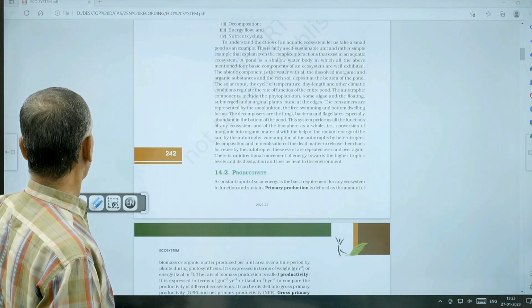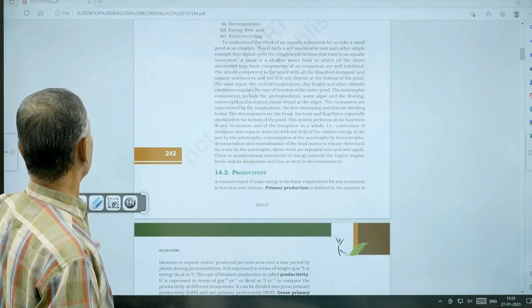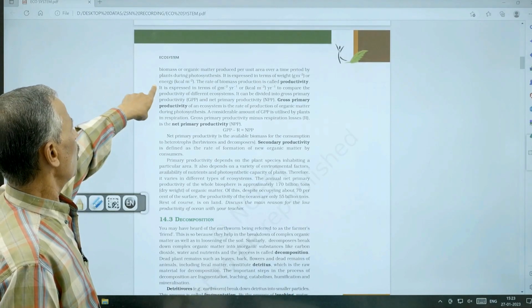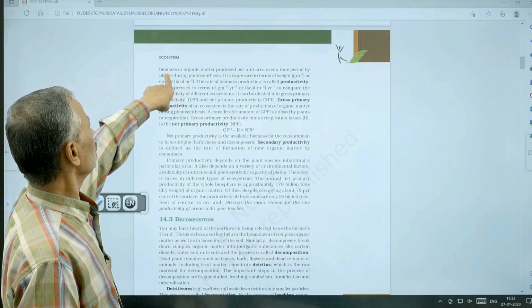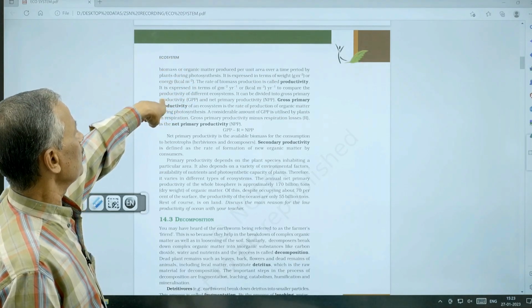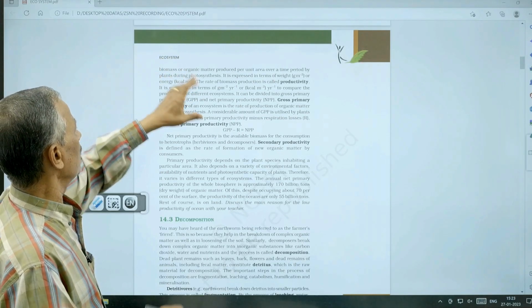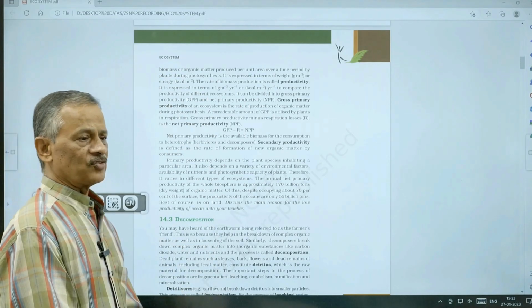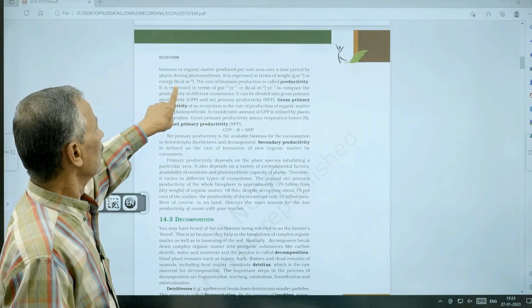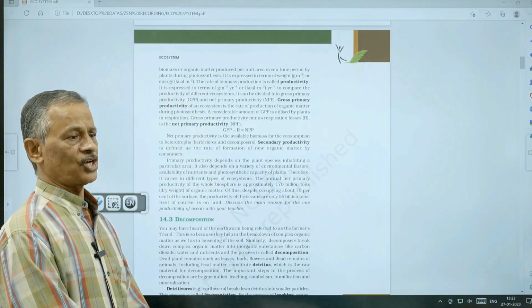It is called primary production. So primary is the most important one. The amount of organic matter, that is called biomass, produced per unit area over a unit time by plants, that is producers, by photosynthesis, is called the production.